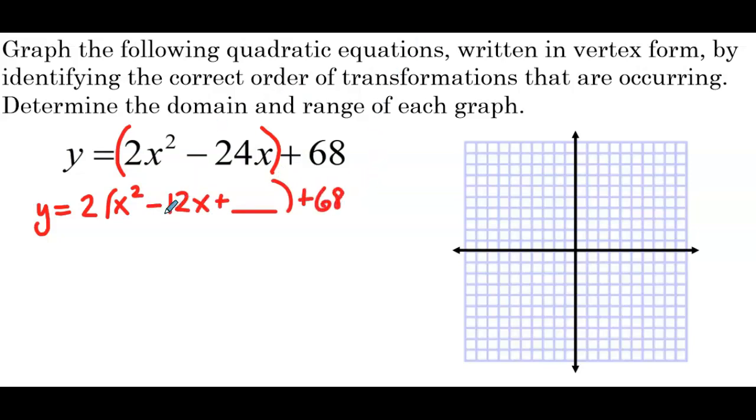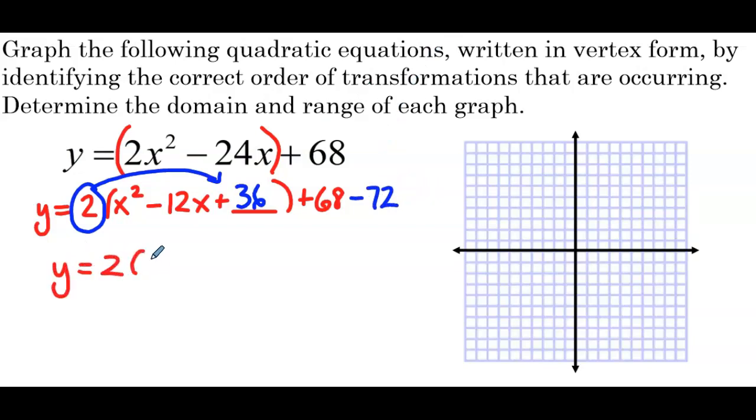Okay, so what do we have? Half of negative 12 is negative 6. Squared is 36. We have to think about distributing that 2 out. So it's really adding 72. So we have to subtract 72 to keep everything in balance. So that's y equals 2 times x minus 6 squared minus 4.